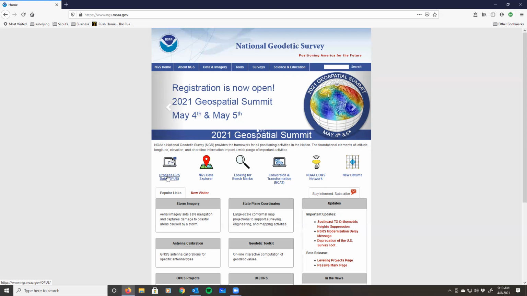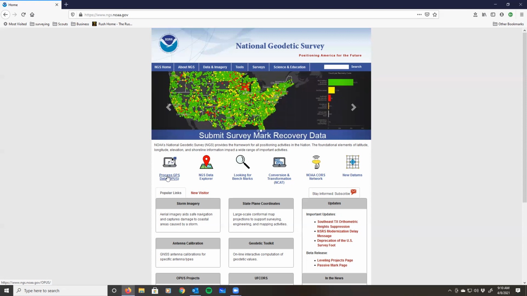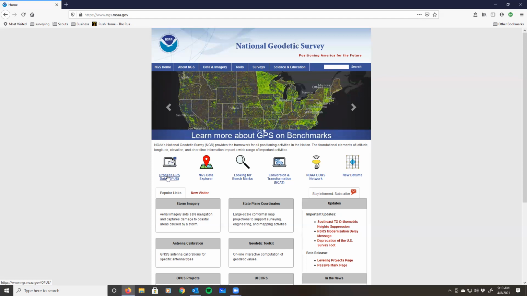This program will go to the surrounding GPS locations, pull the information out, process it along with the information that you submit, and then give you a result for your particular station.